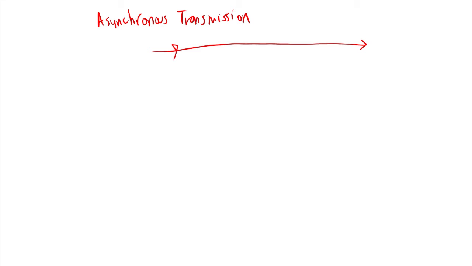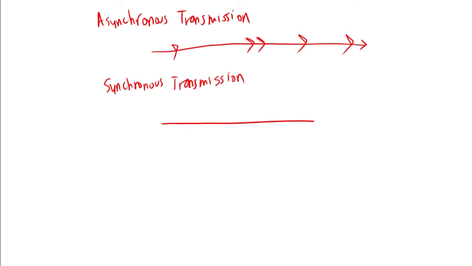So send the data here, send the data here, send the data here, send the data here. And then synchronous transmission, where we're sending our data at regularly defined intervals.